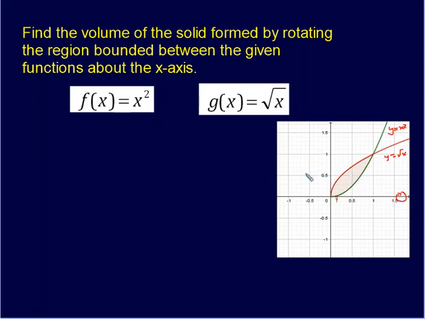So imagine picking a little slice. Let's make it a color we can see. If I were to make a slice perpendicular to the axle right there, like a little rectangle, and picture rotating that rectangle around the x-axis, the part touching the green curve is going to make a small little trip around a circle there.